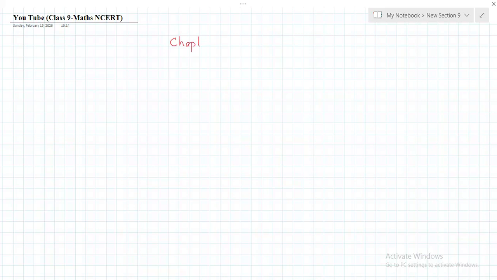Chapter 4, linear equations in two variables. Okay, before starting this lesson, let us define this. What do you mean by a linear equation?